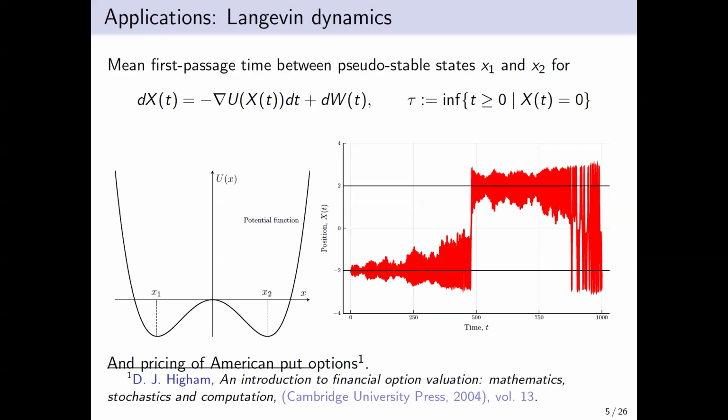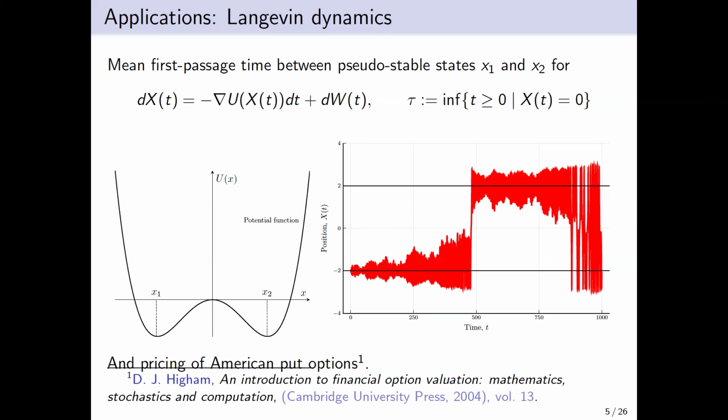Right, so some applications. One application is in molecular dynamics. If you have different molecular configurations and you're jumping from one to the other, this is modeled through a Langevin dynamics, an overdamped Langevin dynamics. These states are pseudo-stable, so transitions happen very rarely.